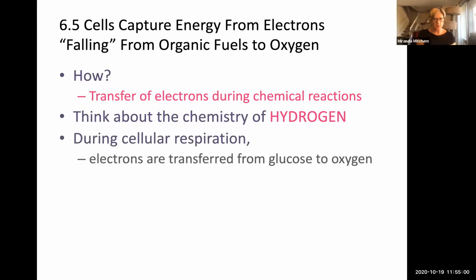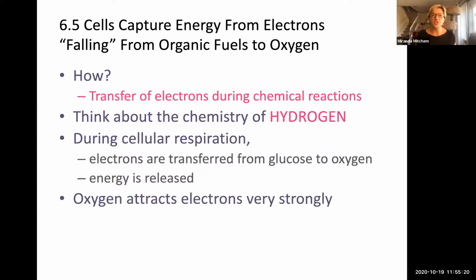So during cellular respiration, electrons actually move off of glucose onto oxygen. Our two reactants, glucose and oxygen. That releases energy just through the transfer of electrons.